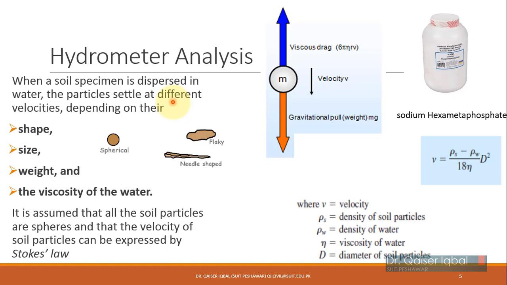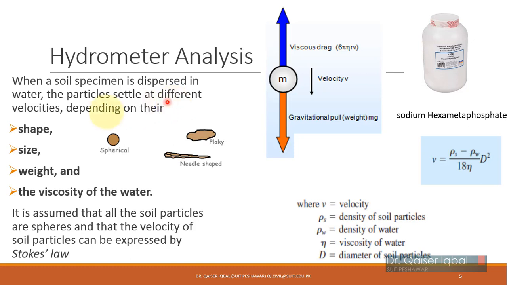If they combine together, they can make a particle 3 times the size of their own, which is not actually true, because they are combined together and then they may be separated as well. So that's why we use a dispersive agent while mixing the soil with water, to make sure that all the particles are separated from each other.